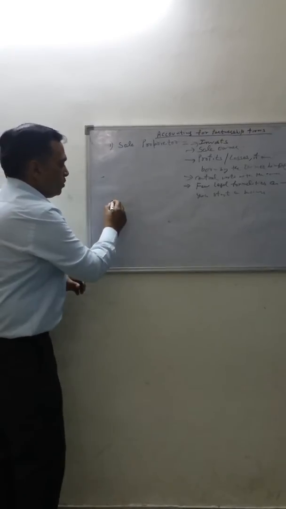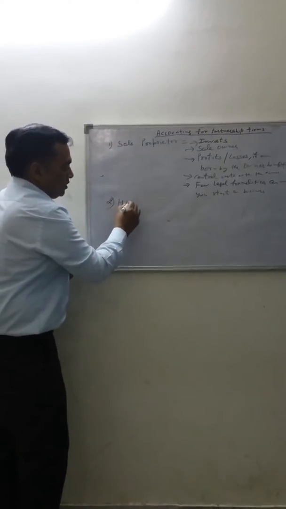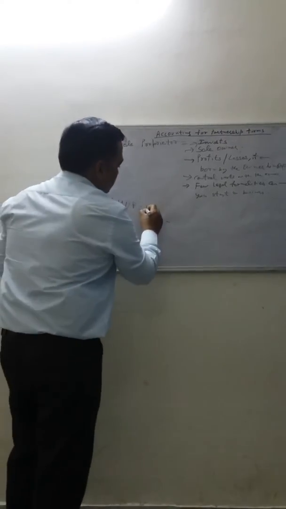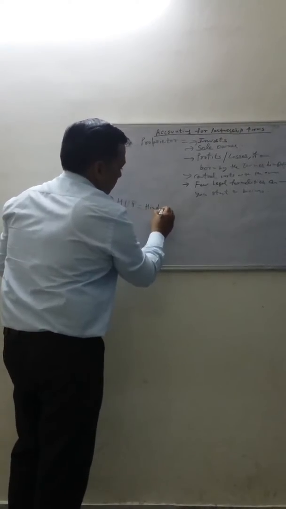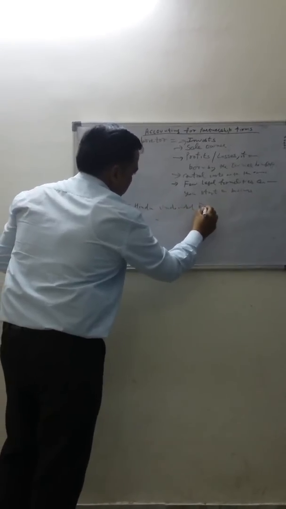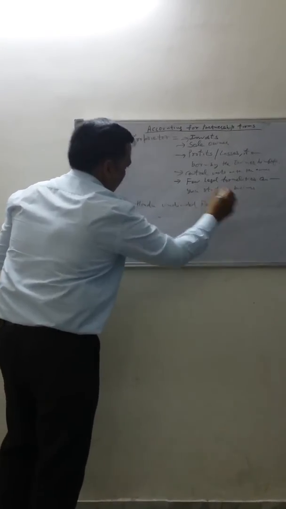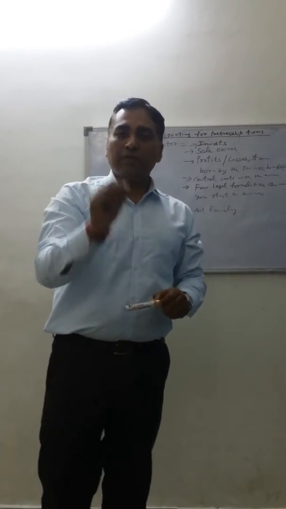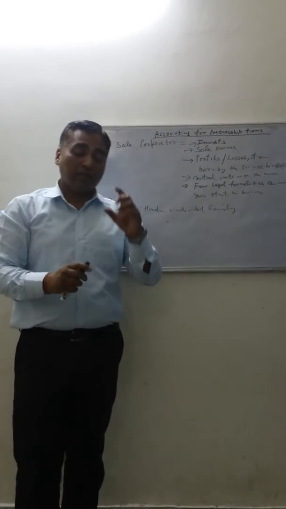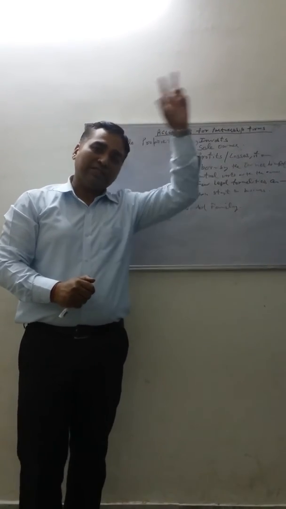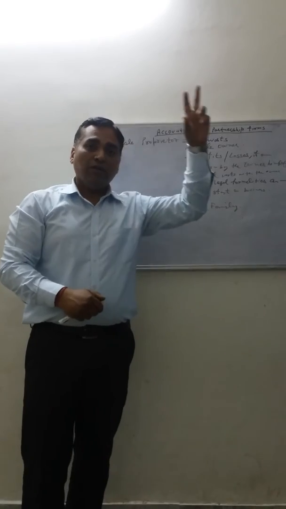Next is Hindu undivided family. We commonly call it HUF. So what is Hindu undivided family? The Hindu Undivided Family Act says that there are people in this country who run their ancestral businesses and ancestral properties.